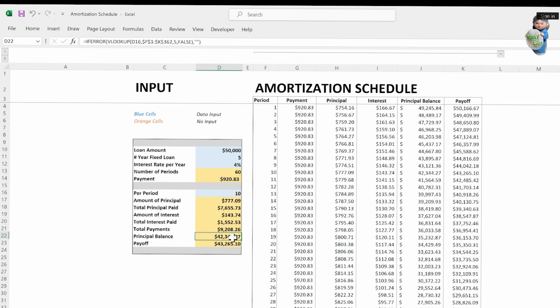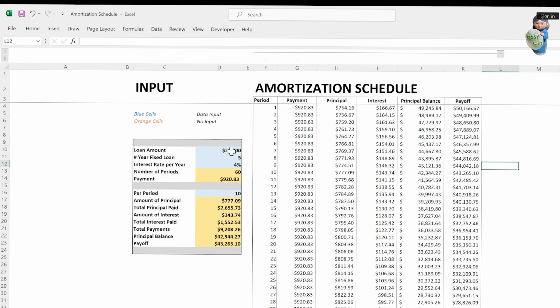And then principal balance is another VLOOKUP function to look up the number of period and then return right here, number 10, 42,344. Payoff, same thing, use the VLOOKUP function. So this is the schedule.